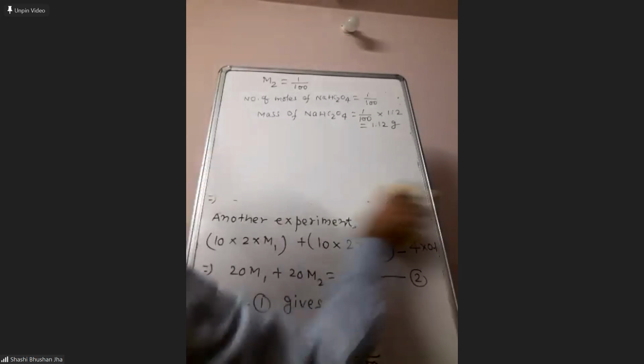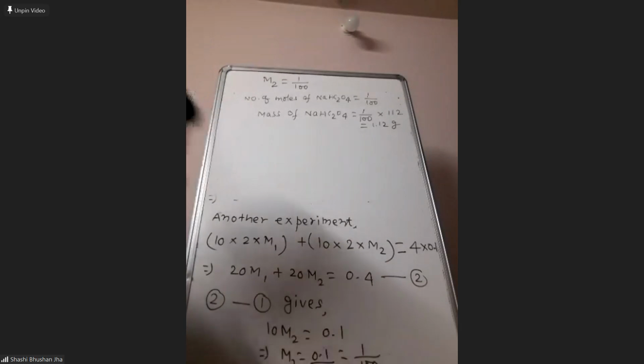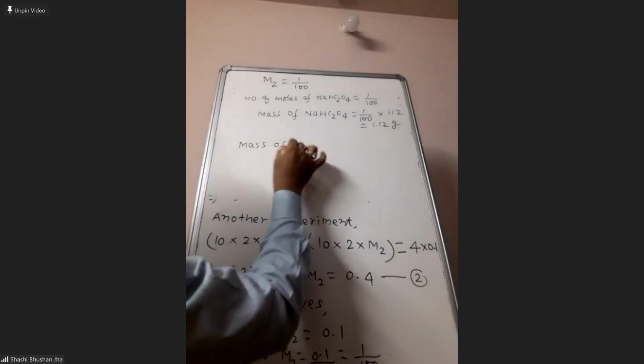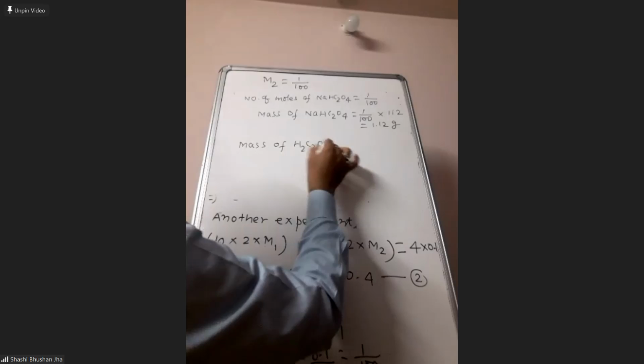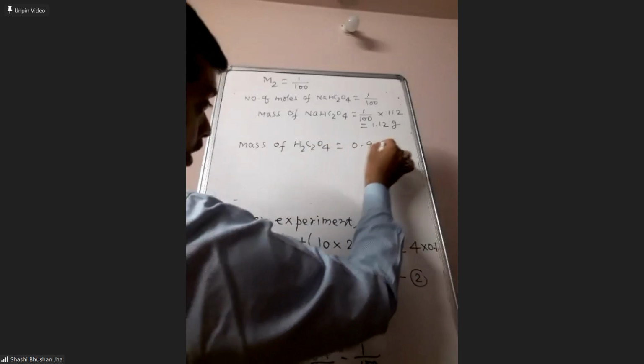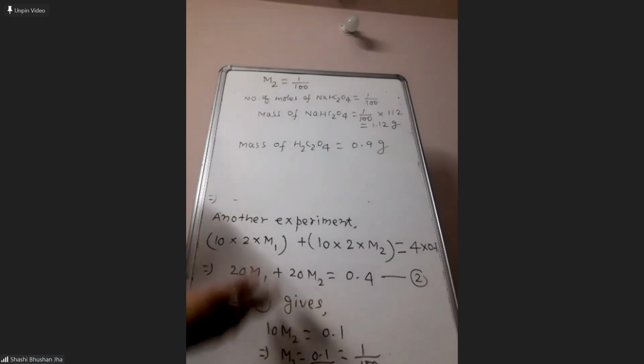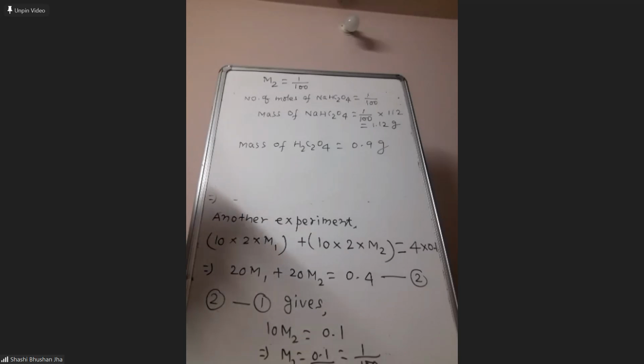From there you can calculate the mass of oxalic acid, and you will get that the mass of oxalic acid is 0.9 gram. So substitute this value of M2 in any of those two equations, find M1, and from M1 you can calculate the mass of oxalic acid. You will get 0.9 gram.